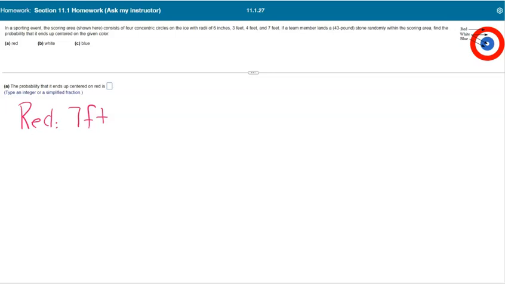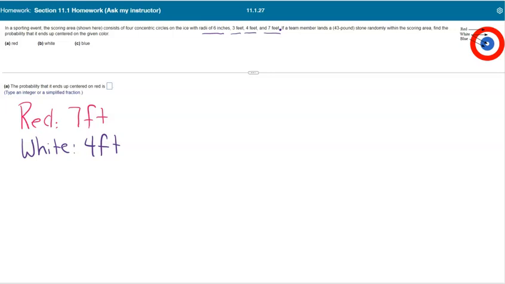And then the white circle, I'm going to color this not white, because you would never see it. So let's do that all purple. The white circle goes out 4 feet. Now you see where I'm getting that information from. It's just listed in the problem, really tiny up above, but it says 6 inches, 3 feet, 4 feet, and 7 feet. And clearly the biggest one is 7 feet.